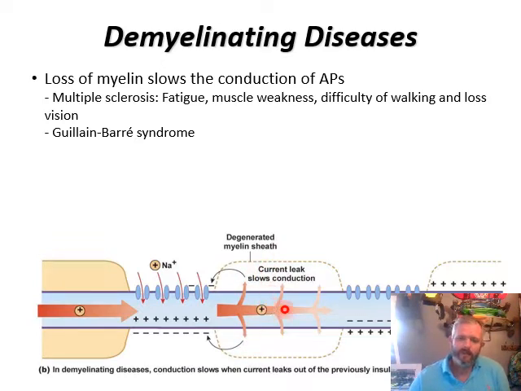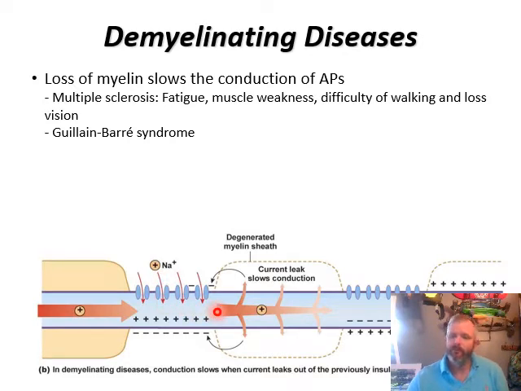The problem is it's great if it's here because we can skip and we can get this really fast rate of conduction, but the axon is not making channels. There's no channels embedded underneath that myelin. So when this myelin gets destroyed, you can see, boom, opening the channel.